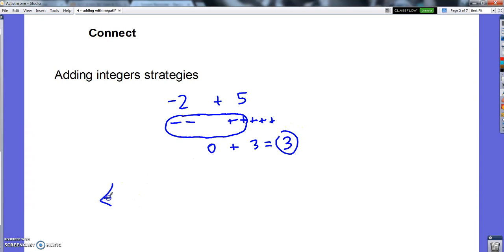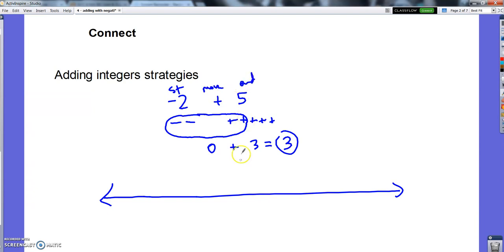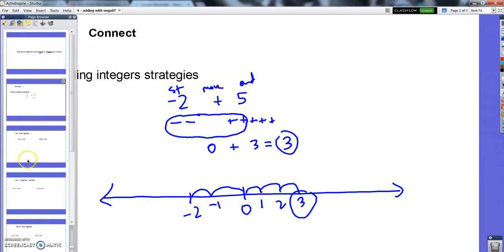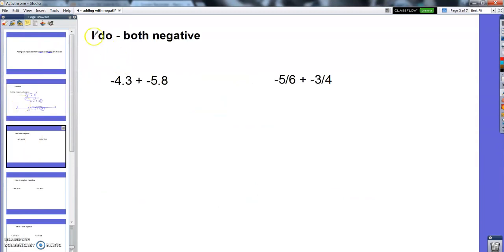And then the other strategy we used was the start, move, end on the number line strategy, where I would say I'm going to start at -2, and then I'm going to move 5 in the positive direction. So 1, 2, 3, 4, 5, and wherever I end was it. So that's the two strategies we learned, and they both work for fractions and decimals too.